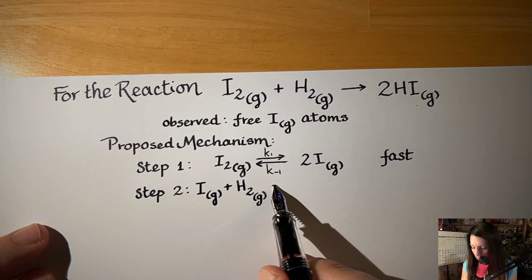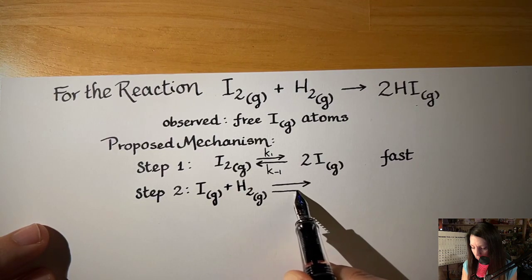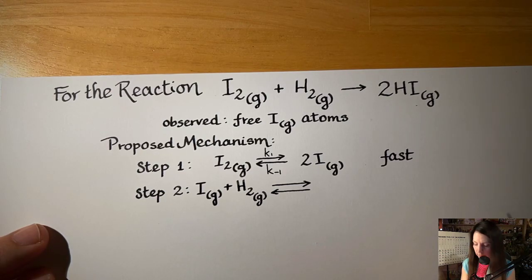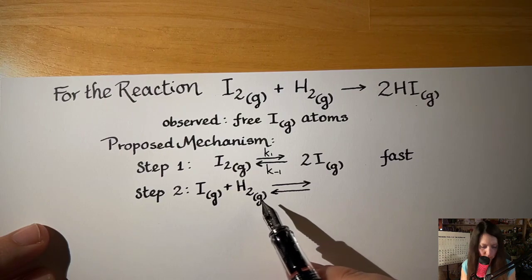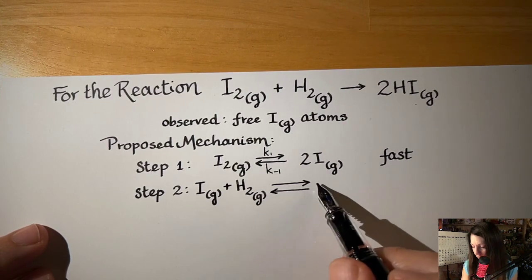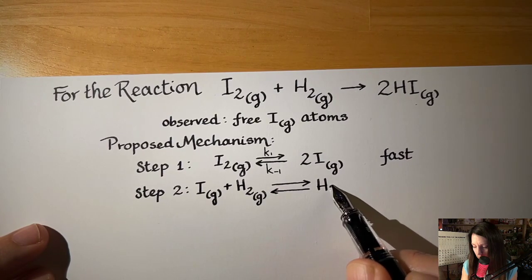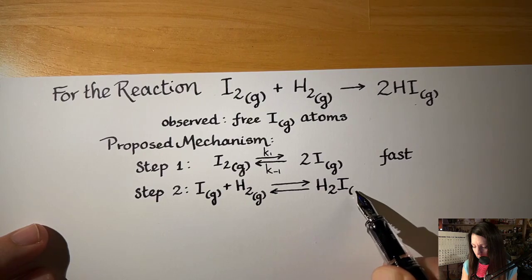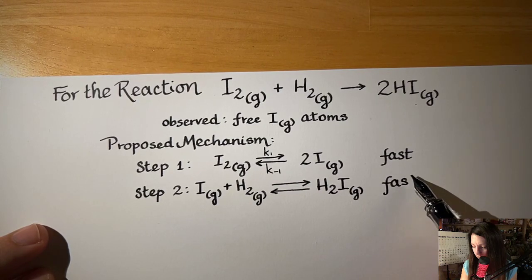And again, we have a fast equilibrium going on here. And this forms a very interesting molecule, not seen very often, H2I. And again, this happens at a very fast rate.